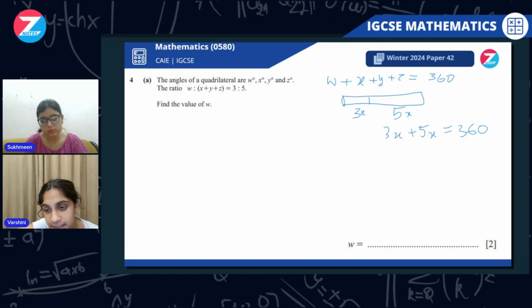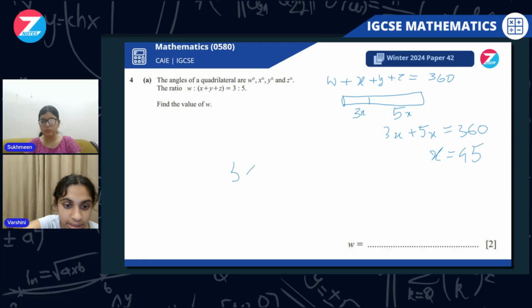Now to find x, we know that 8x equals 360, so to find x, all we have to do is 360 divided by 8, which will give you 45. Now, they want us to find the value of w, and we know that w is 3x. So we're just going to do 3 into 45. And you can just put that in your calculator, and you'll get 135 degrees.